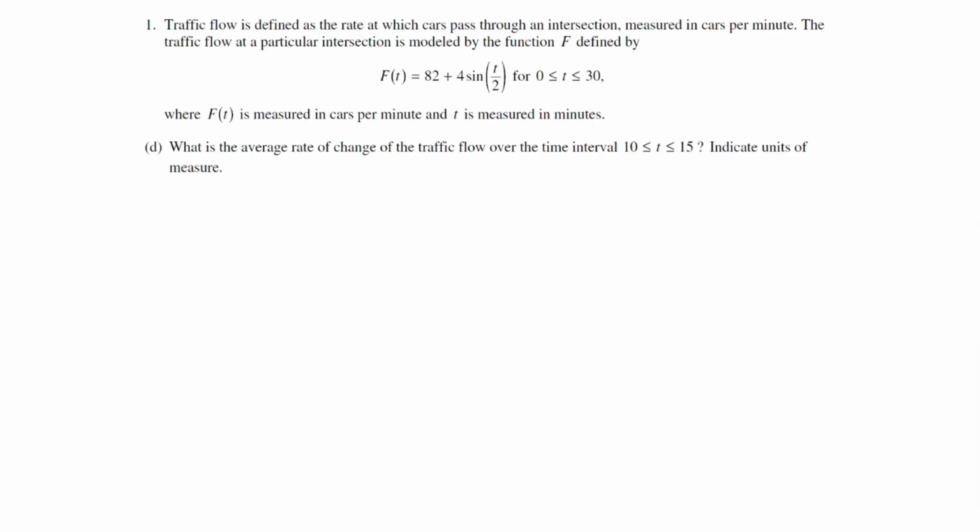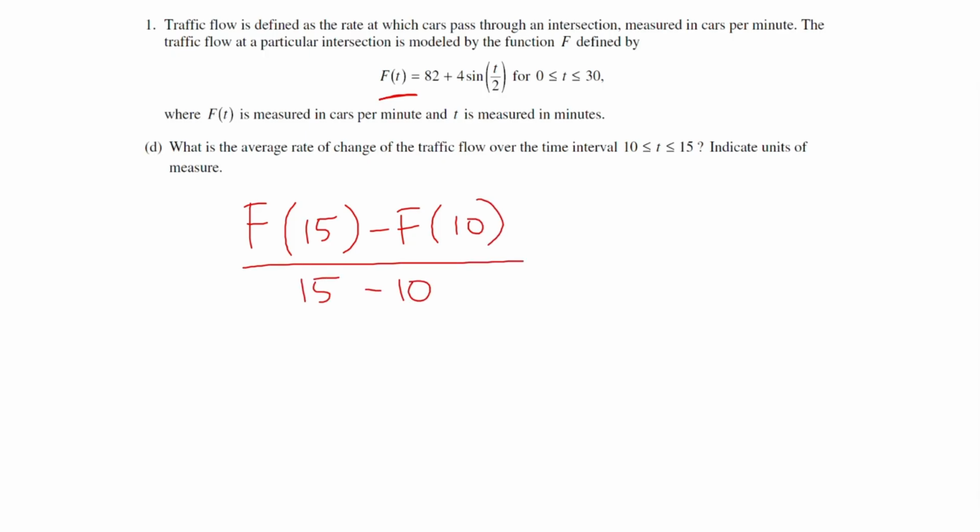In part D, it asks, what is the average rate of change of the traffic flow over this time interval? Well, the average rate of change of f of t on 10 to 15 is just the slope, f of 15 minus f of 10 over 15 minus 10. And so we'll need to find f of 15 minus f of 10, of course, and then just divide it by 5.